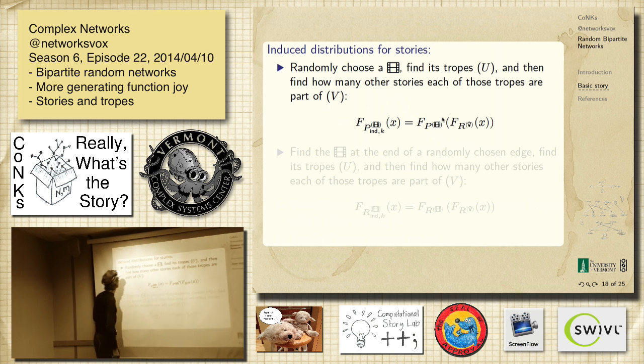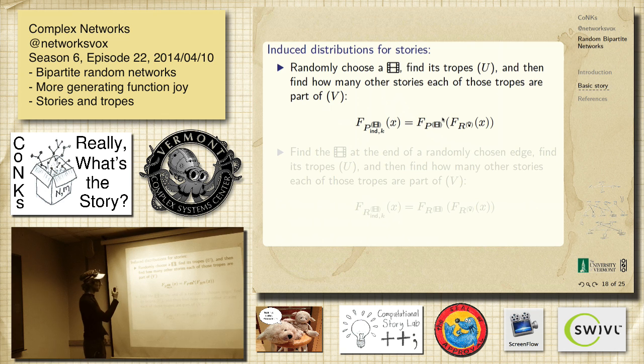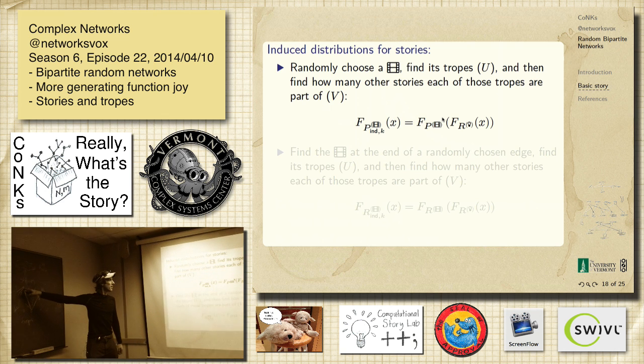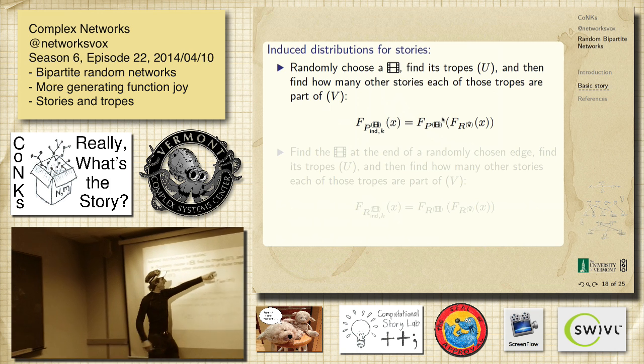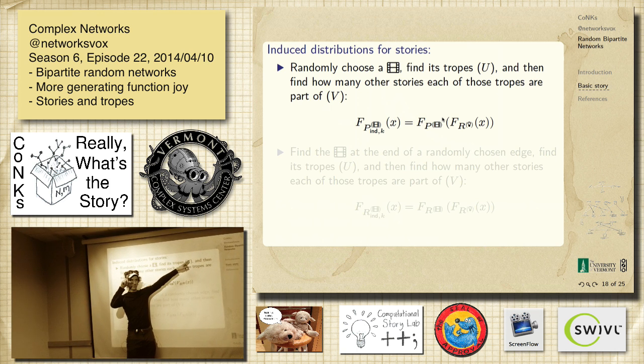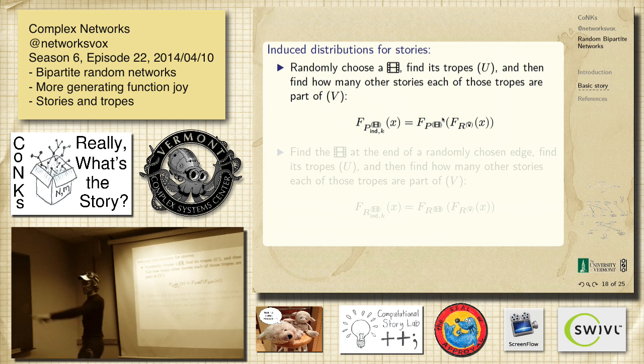So we're going to randomly choose a story and find all of its tropes. It's got all these tropes, and that is U. And W equals the sum from 1 to U of V. U is the number of tropes.